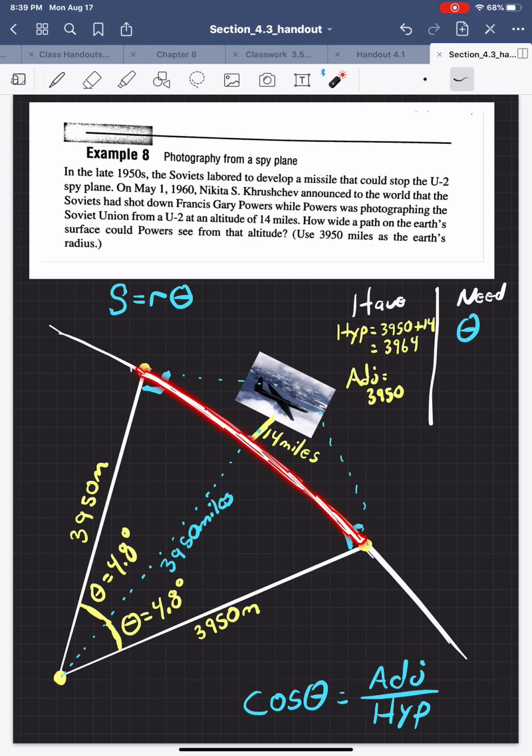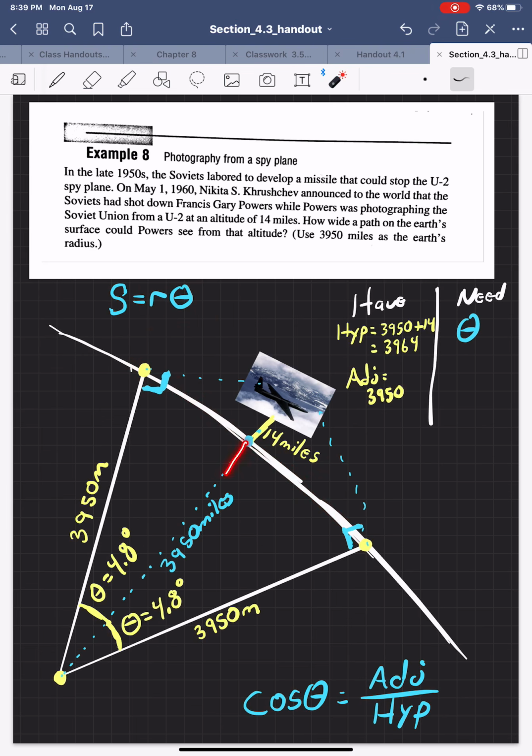I mean, how much of Russia, how many miles, how wide of a path could Powers view from that altitude? Well, so we want S. That's an arc length, right? We want to know this distance right here. And all we have to do is, do we know the radius of this circle? Do we know the angle?